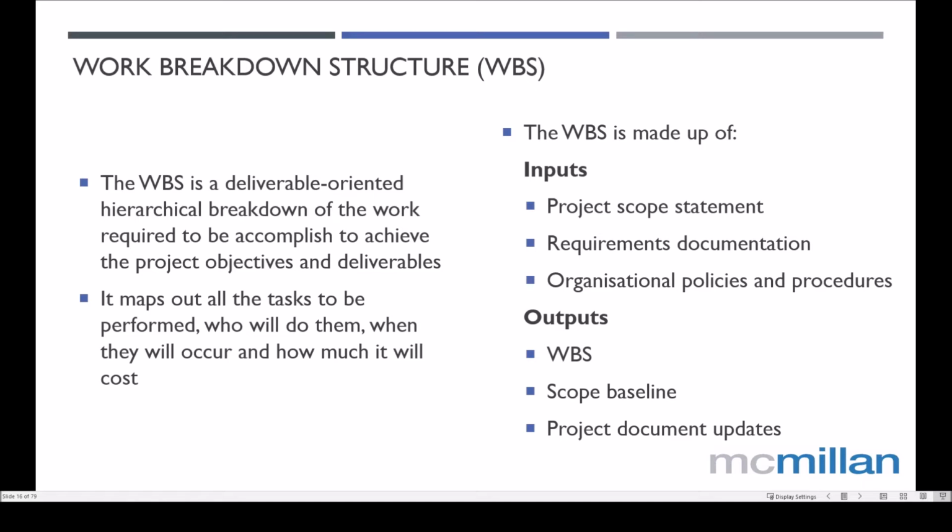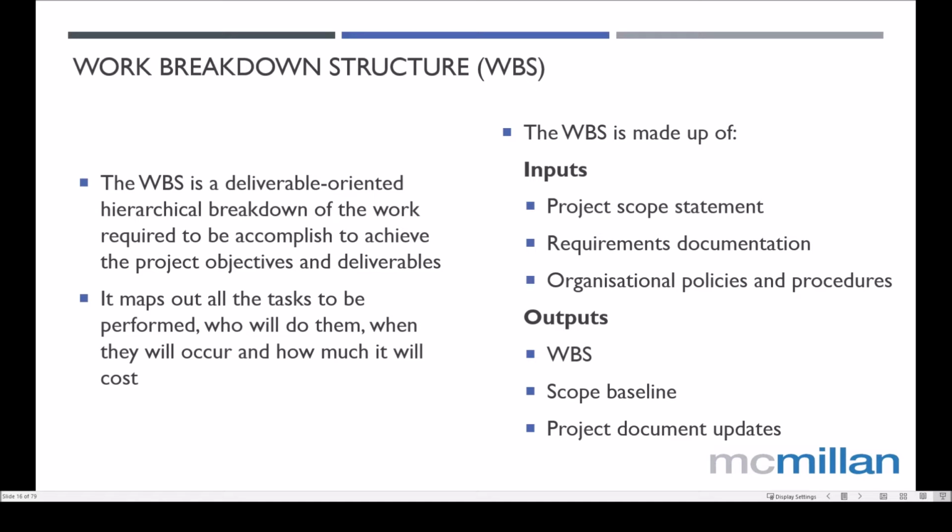So you break it down from the top down, and I'll give you an example shortly. And then once you've broken it down in terms of deliverables, activities, and tasks, you then build it up from the ground up in terms of time and costs. And I'll show you that shortly.